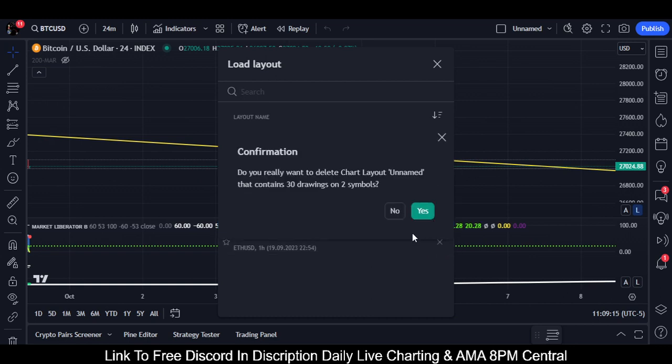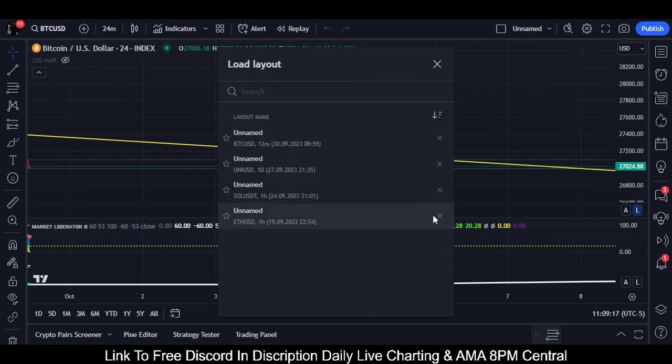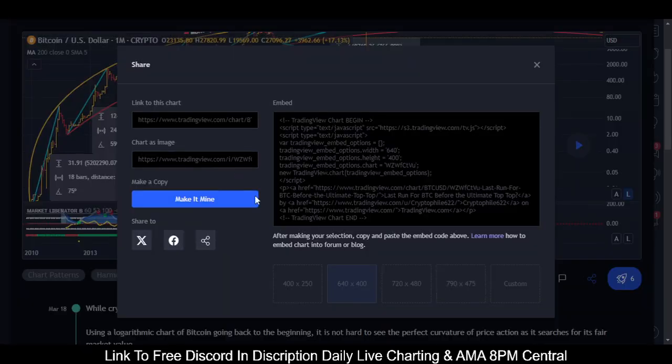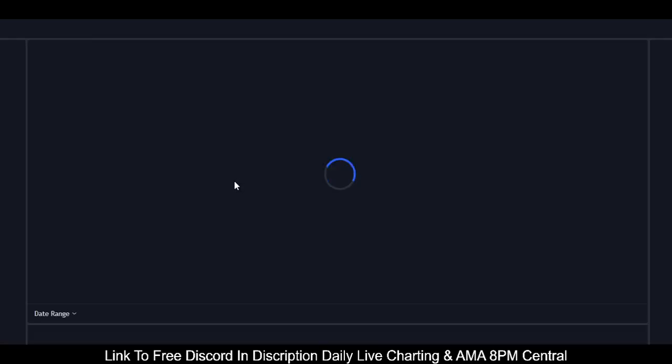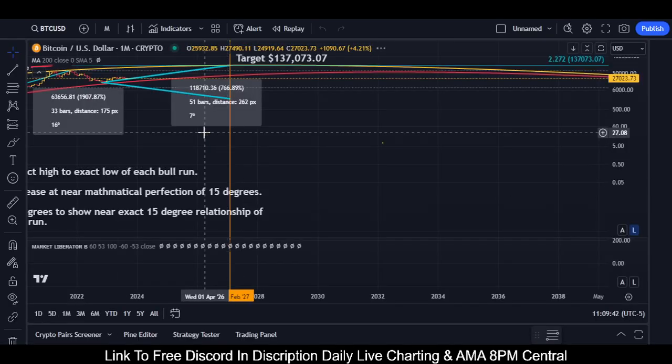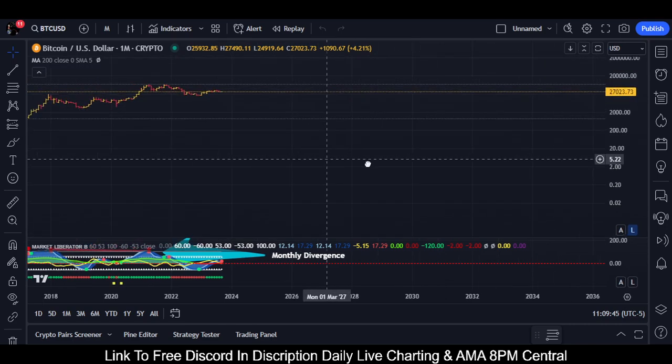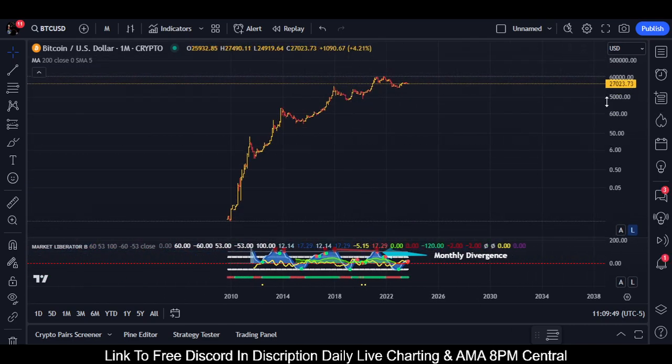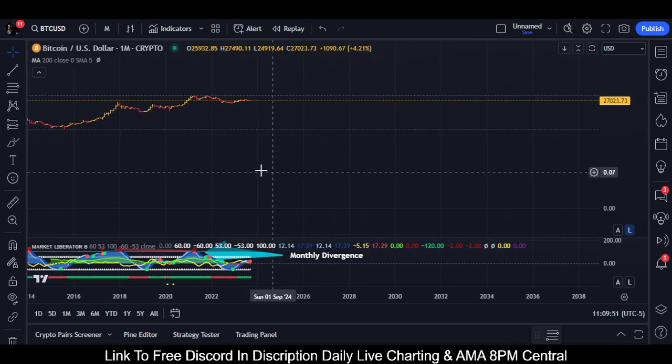We'll delete the one that we got open. And now we should be able to make it mine. And there it is, everything from the idea chart pulled into TradingView.